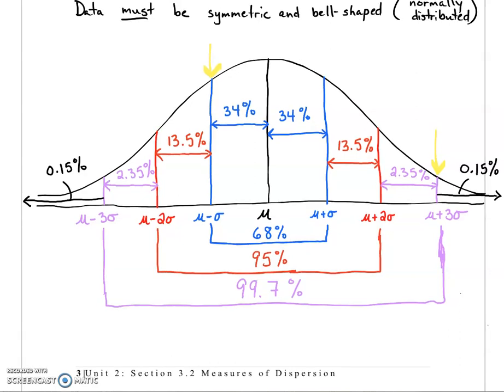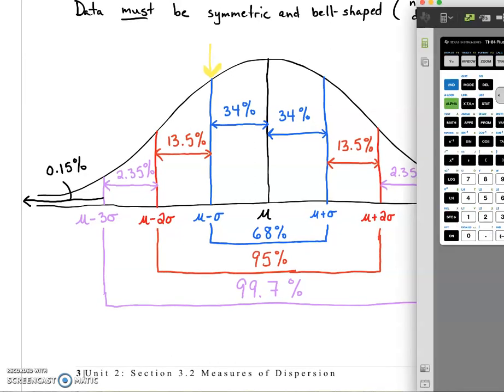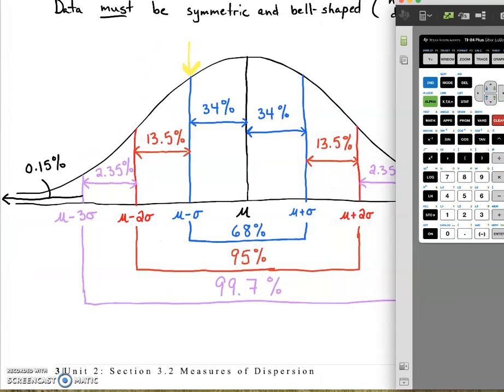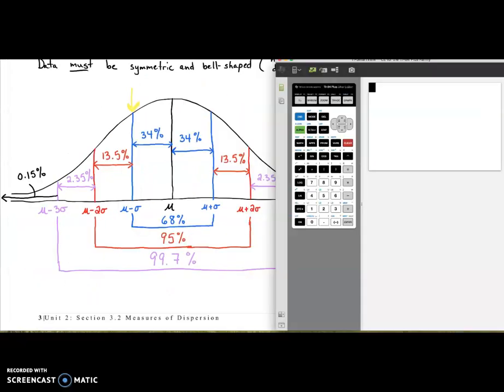So if we do that using the calculator, and sorry, I needed to make the screen bigger.